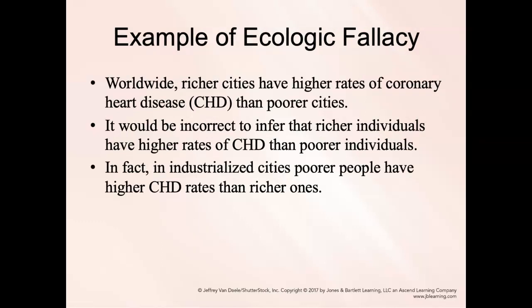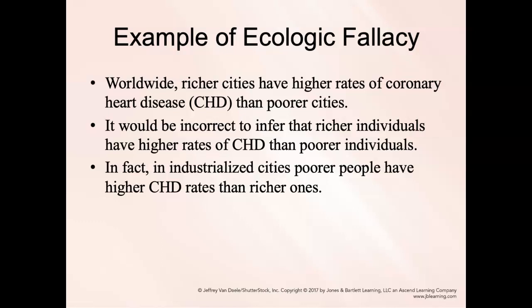So what we see worldwide is that richer cities have higher rates of coronary heart disease compared to poorer cities. Those cities are the unit of analysis, making that an ecologic study. However, it would be incorrect to conclude that richer individuals have higher rates of coronary heart disease than poorer individuals. And in fact, in industrialized cities, poor people at the individual level have higher coronary heart disease rates than richer ones.